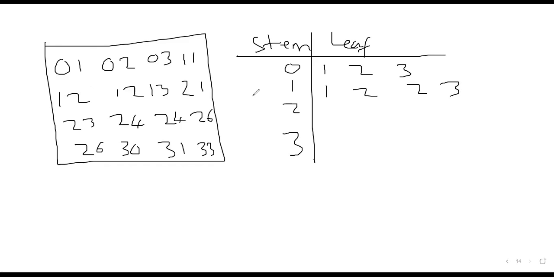And the 20s, we have 21, 21, 23, 24, another 24, then 26 and another 26. On the 30s, we have what numbers? 30, 31, and 33.